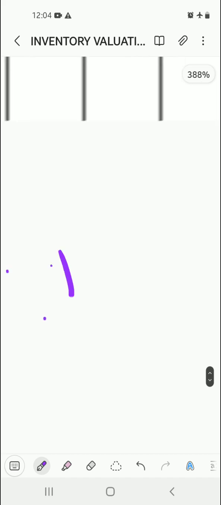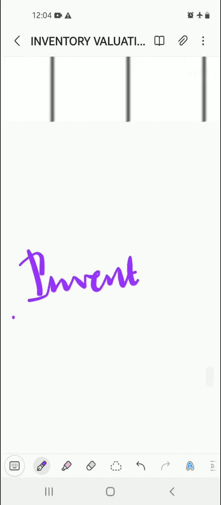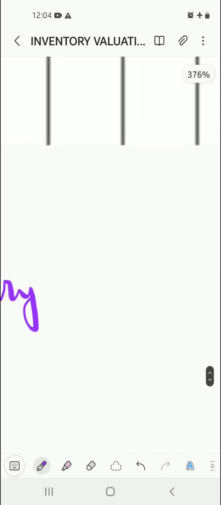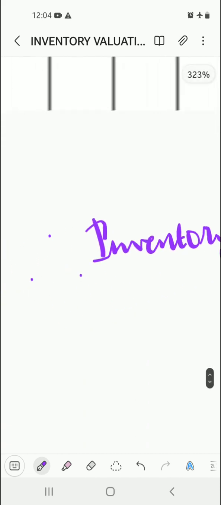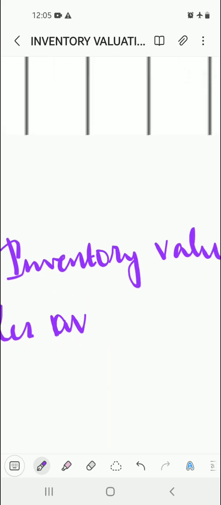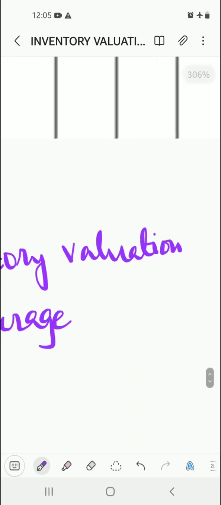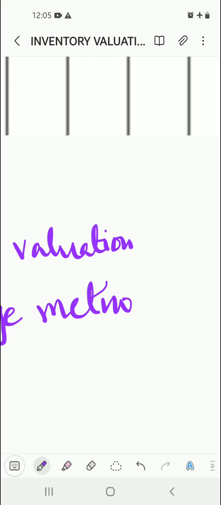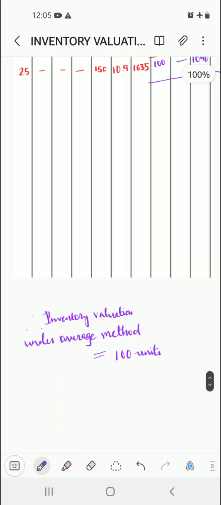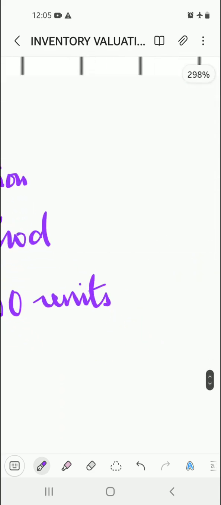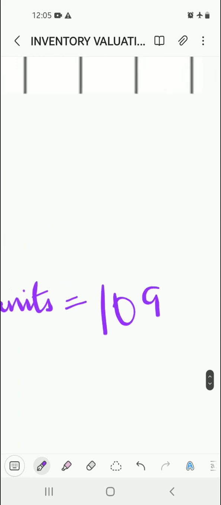Therefore, inventory valuation under the average method is equal to 100 units for 1090 rupees.